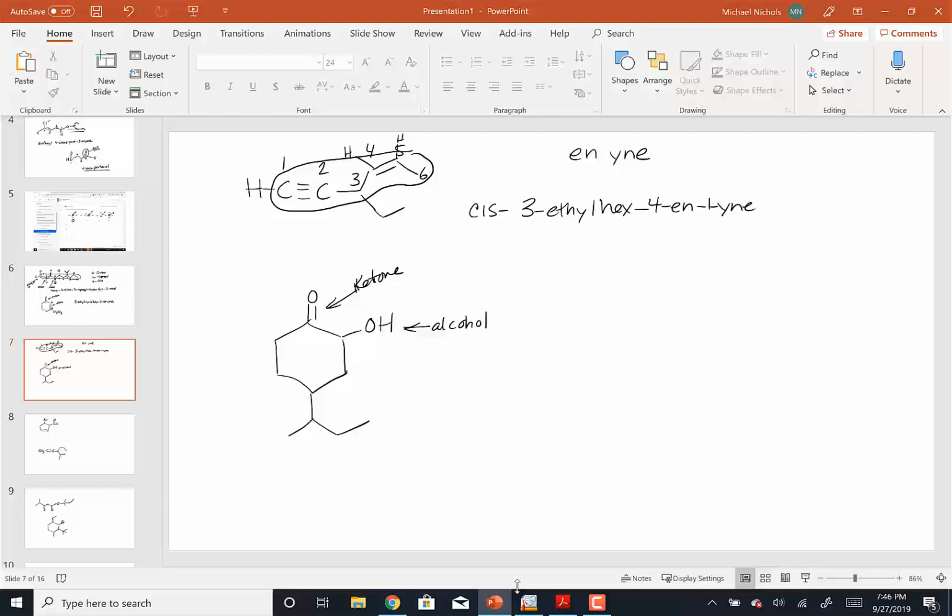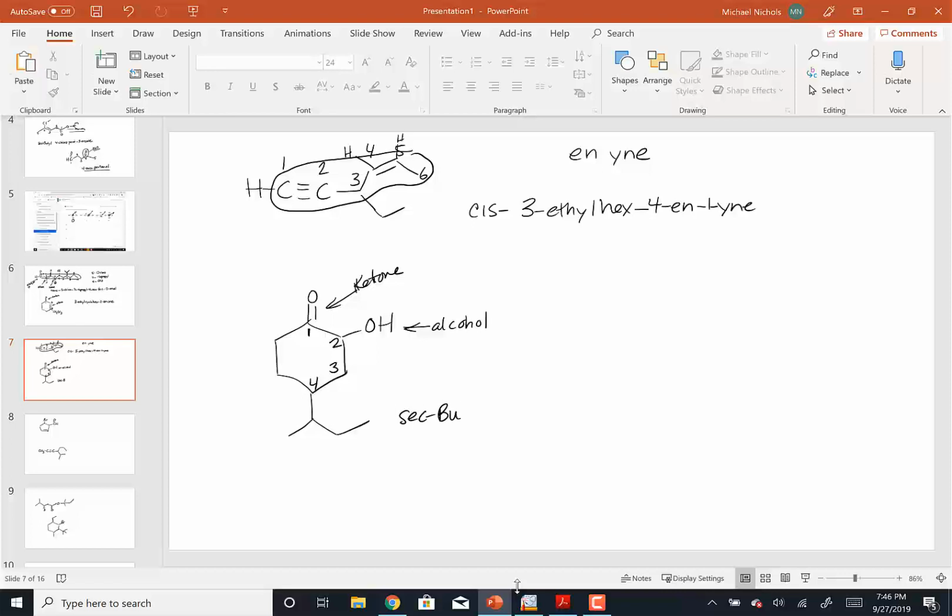So that means it's automatically going to be carbon 1. Now I'm going to number clockwise to give the OH carbon 2, because it's the next highest priority, down to 4.